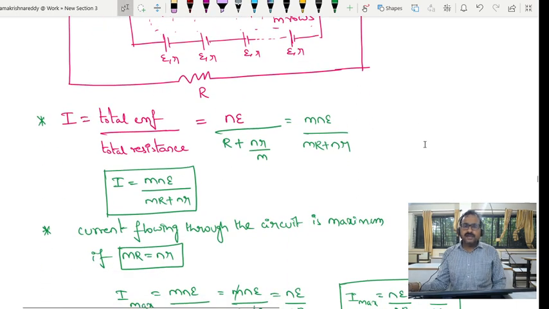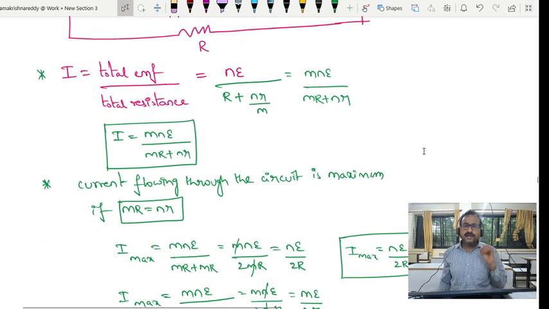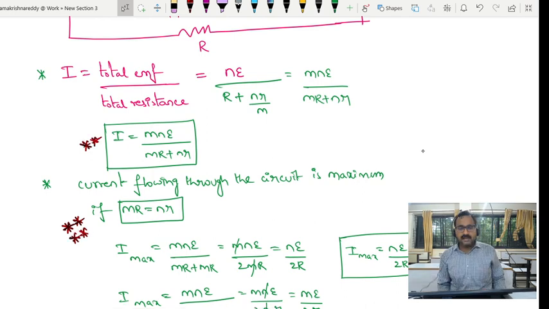Total EMF divided by total resistance in the circuit, we will get mnE divided by mR plus nr. But here is another very important point: they will ask you when the current flowing through the circuit is maximum. Remember that one. This is one important equation. Maximum power transfer theorem, exactly the same way. By solving that, we will get mR is equal to nr only.